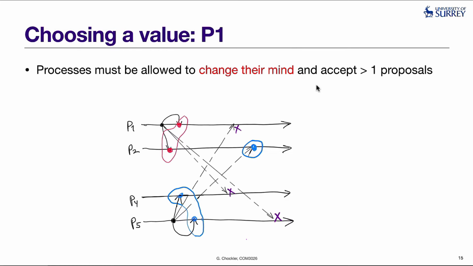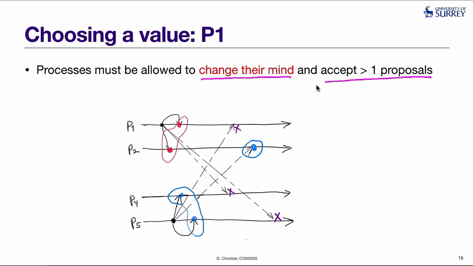We can actually allow processes to change their mind and accept more than one proposal, right? So here is an example of how that can actually help.